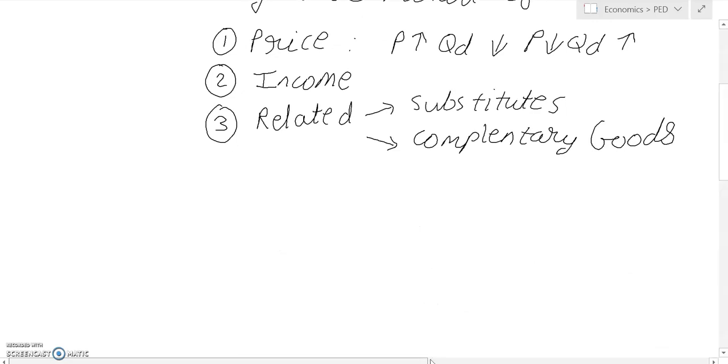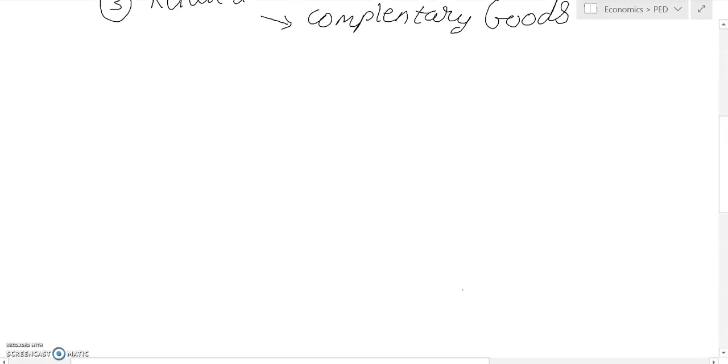Now, when we measure price elasticity of demand, we need to convert the definition in English to an algebraic expression.